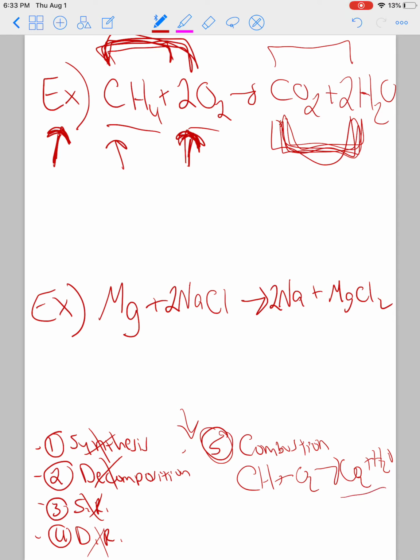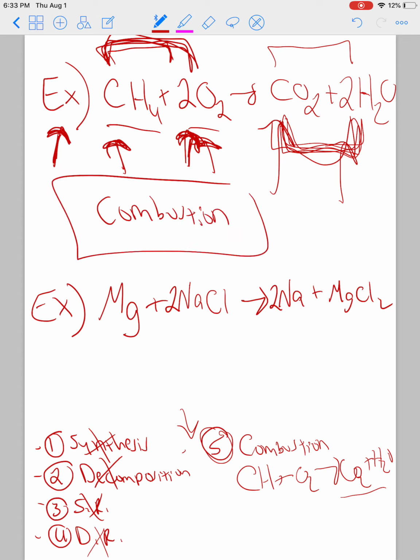So if we look here, we have a hydrocarbon reacting with oxygen gas to form CO2 and H2O. So this equation looks just like a combustion reaction, so therefore it must be combustion. So this first example is definitely a combustion reaction.